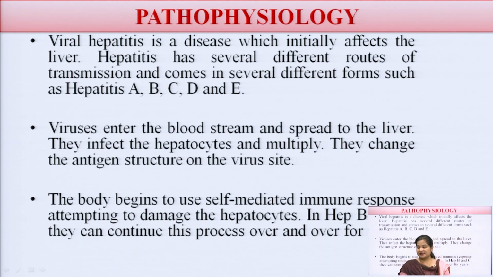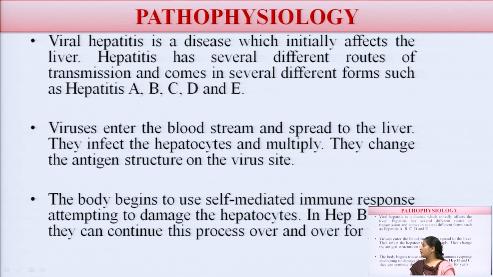Viral hepatitis disease initially affects the liver. Hepatitis has several routes of transmission and comes in several different forms such as hepatitis A, B, C, D, E. The virus enters the bloodstream and spreads into the liver, where it affects the hepatocytes and multiplies. It changes the antigen structure of the virus.